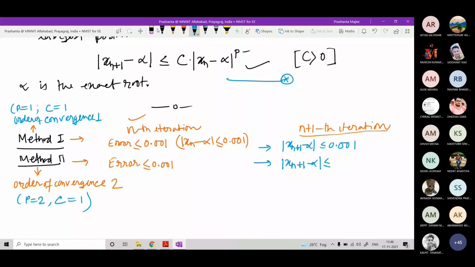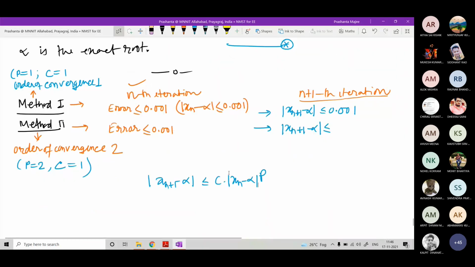You use the result: Xn plus 1 minus alpha is less than or equal to C times Xn minus alpha to the power P. What is the value of C and P in method 2? 1 into Xn minus alpha to the power 2.